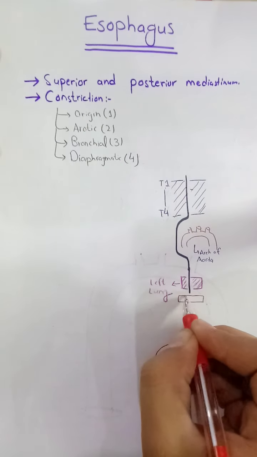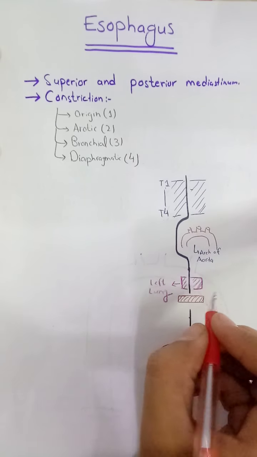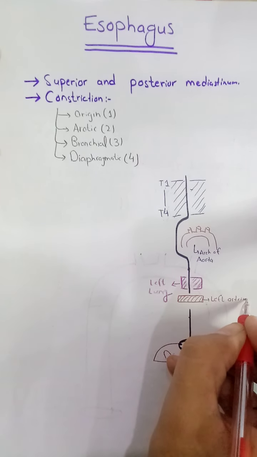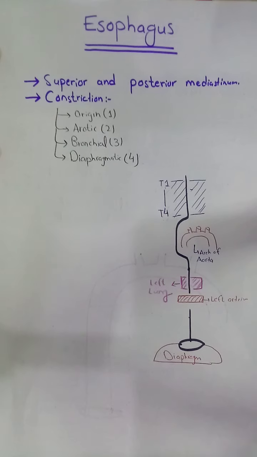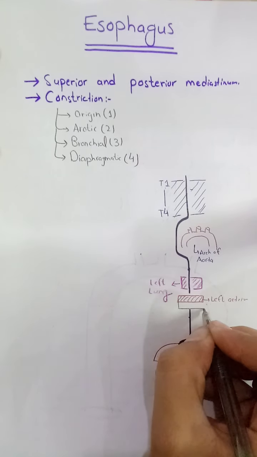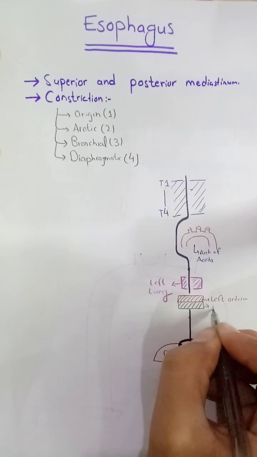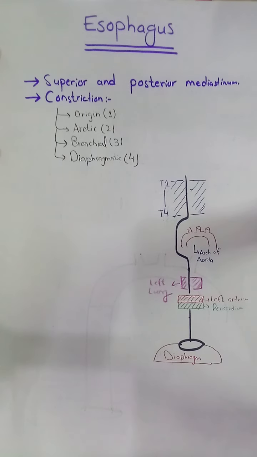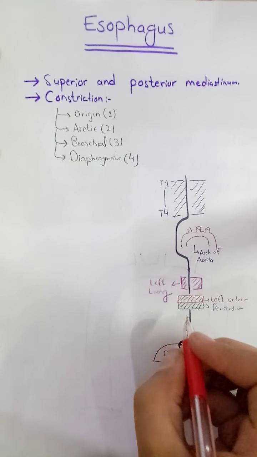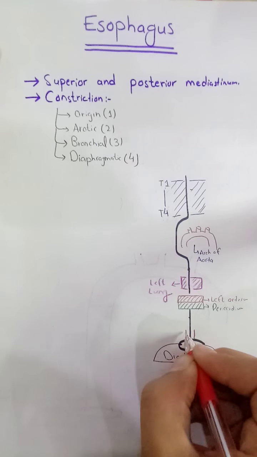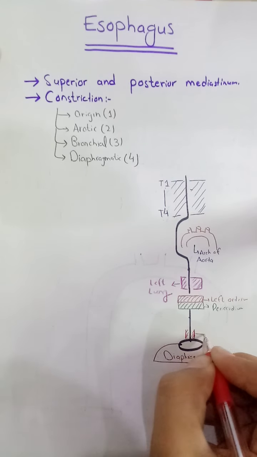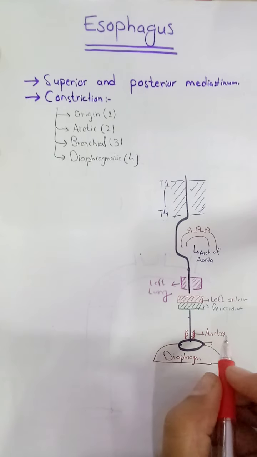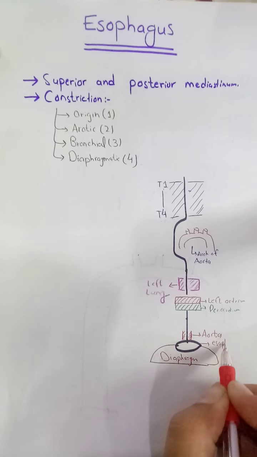Here it is posterior to two structures: one is the left atrium of the heart and the other is the pericardium. Then it will enter the esophageal hiatus anterior to the aorta. And this was the esophageal hiatus in the diaphragm.